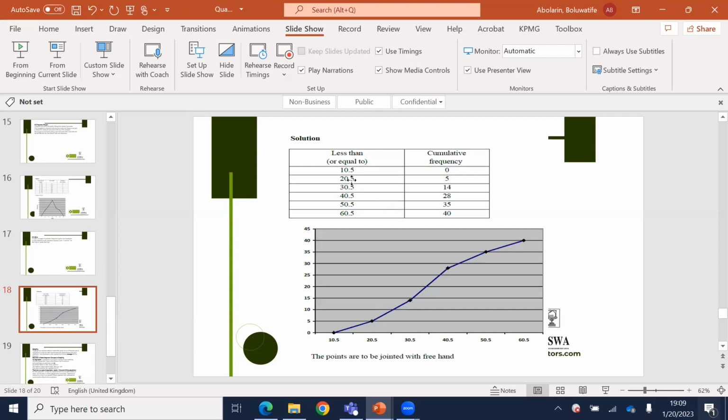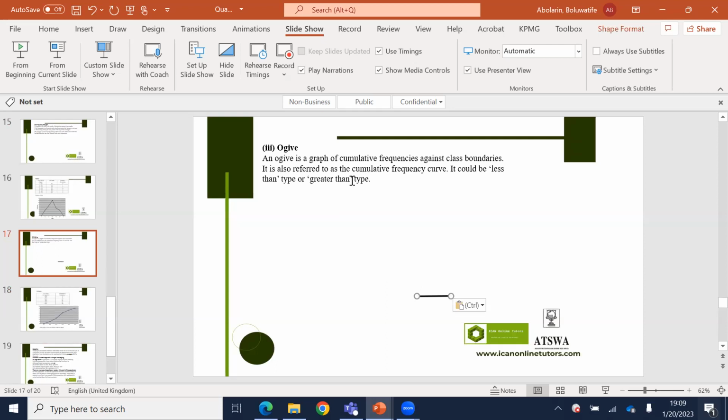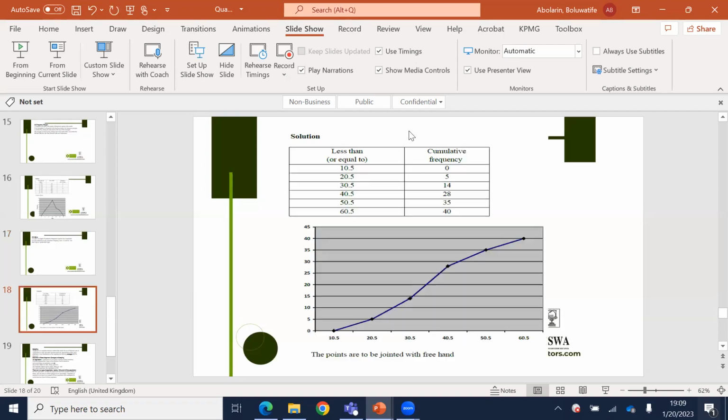So they might give you, let's use this example, the one I showed you earlier, 11 to 20. You're going to use the lower one, which is 11. 11 minus 0.5 gives you 10.5.